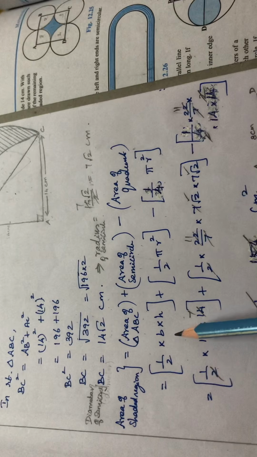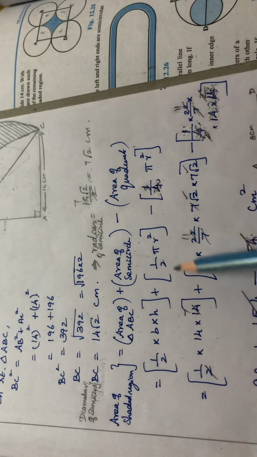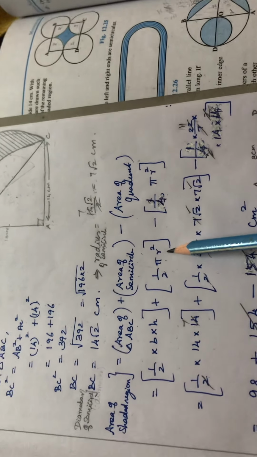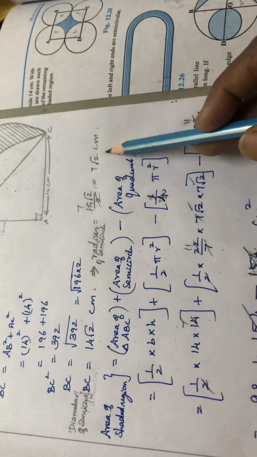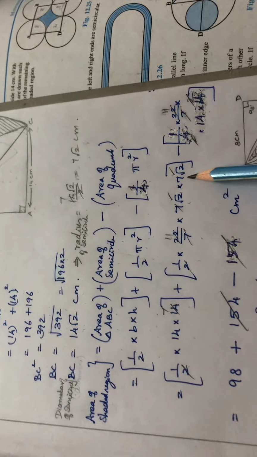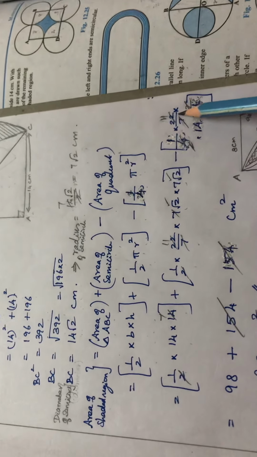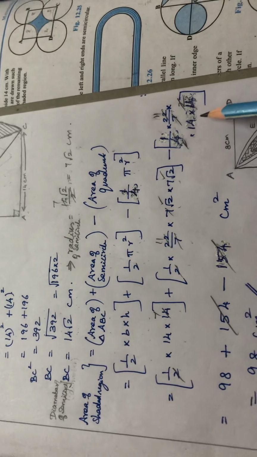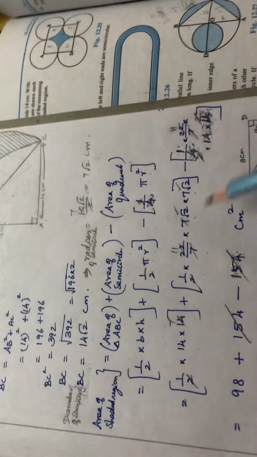So 1 by 2 into base 14, height also 14, plus 1 by 2, pi value 22 by 7. For the semicircle the radius is 7 root 2. So 7 root 2 into 7 root 2, minus 1 by 4 pi, 22 by 7. For the quadrant, the radius given in the question is 14, so 14 into 14. Now I am just simplifying.